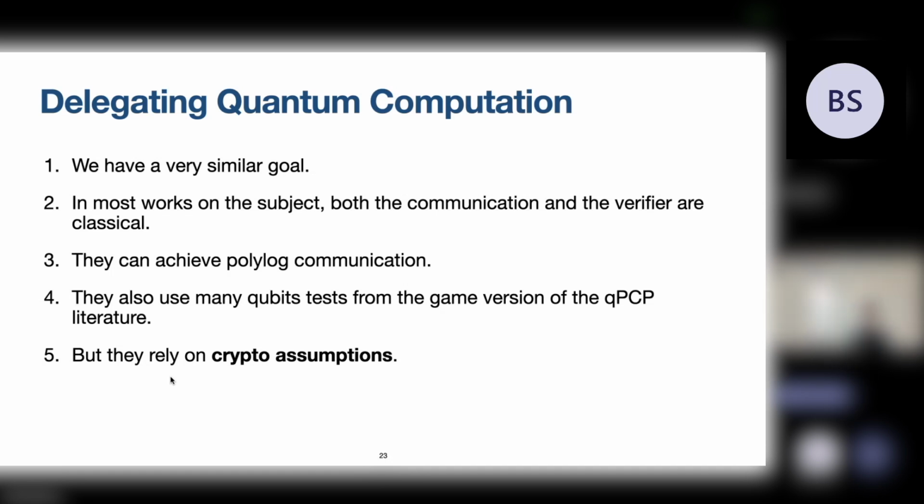Are you saying that the new thing would be that the quantum communication cost is extremely small? Yeah, the thing is, our verifier is efficient. If you do blind quantum computation, the verifier cost is huge. Also, the communication is polynomial.